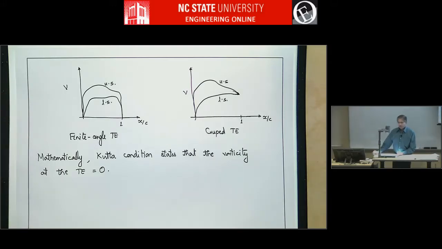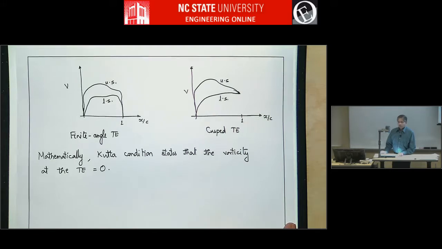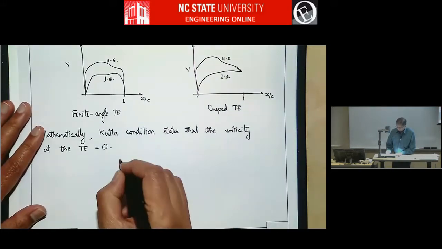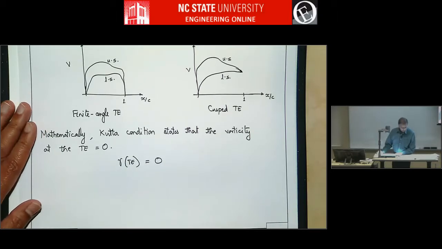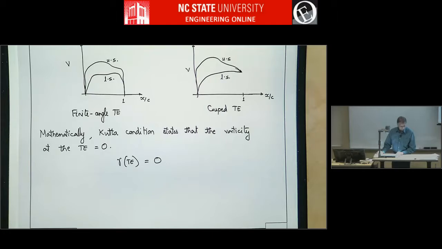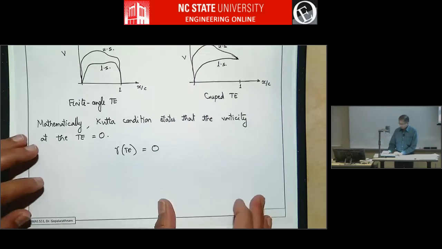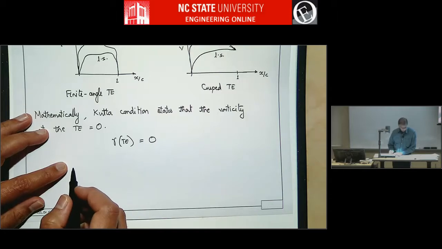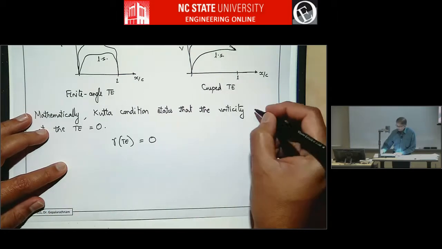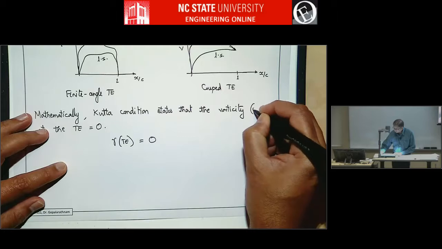Okay, so we'll understand this a little better when we go to thin airfoil theory, but let me go ahead and put this here now. The symbol for vortex sheet strength or vorticity is gamma, so gamma at the trailing edge equals 0. So what this means is, you can also think of this as circulation.